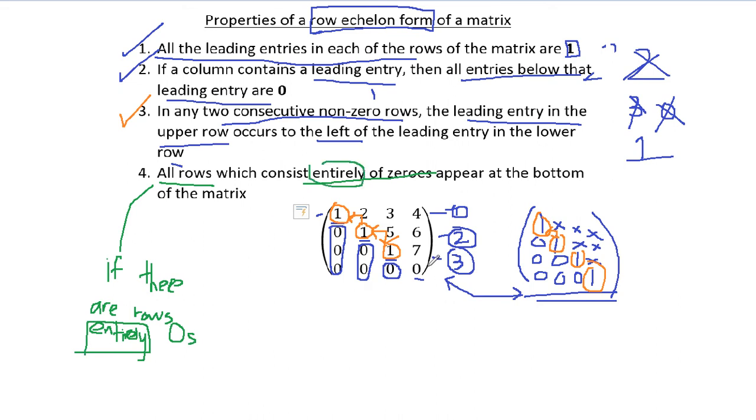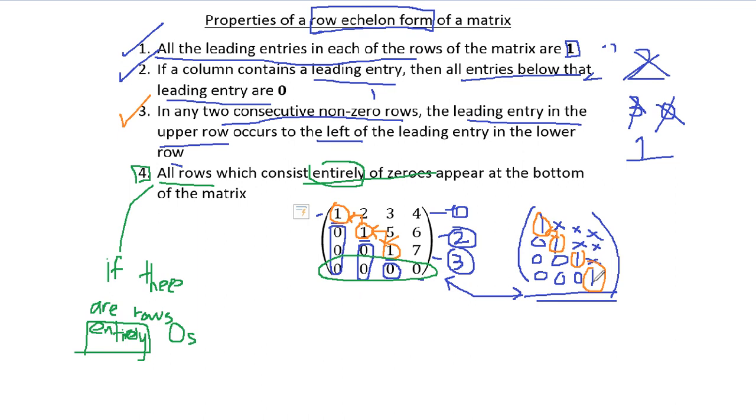Here, as you can see, it's entirely zero. So this last one applies only if there are such rows. Take note of this, number 4. This row is entirely zero and it appears at the bottom of the matrix.